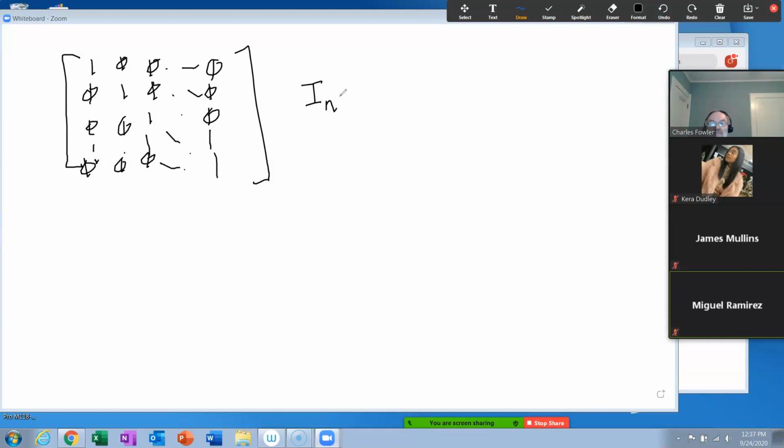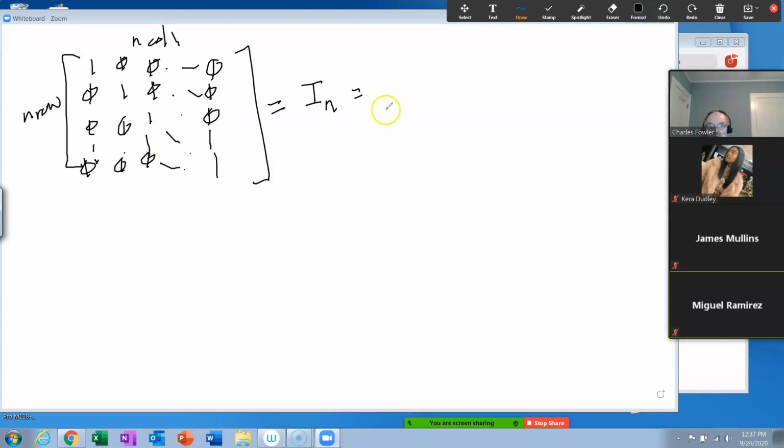So this is an n by n matrix, or just I sub n, and that would be just like I described. That's if you had n rows and n columns.